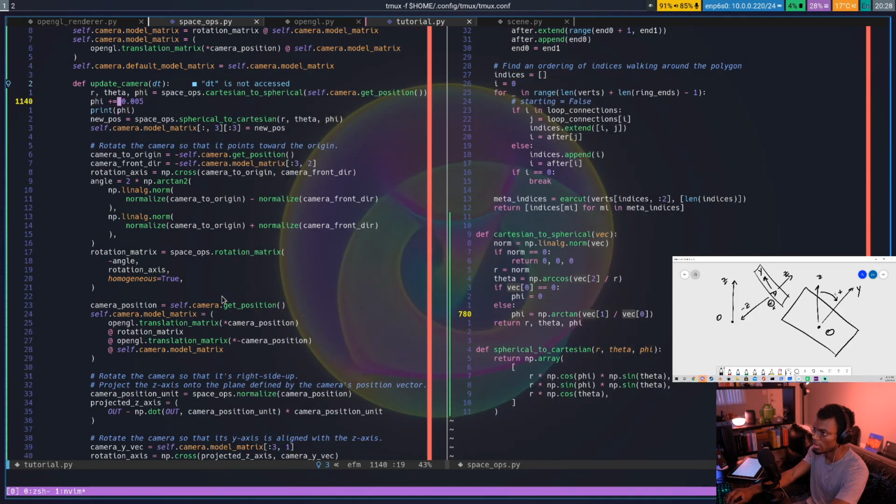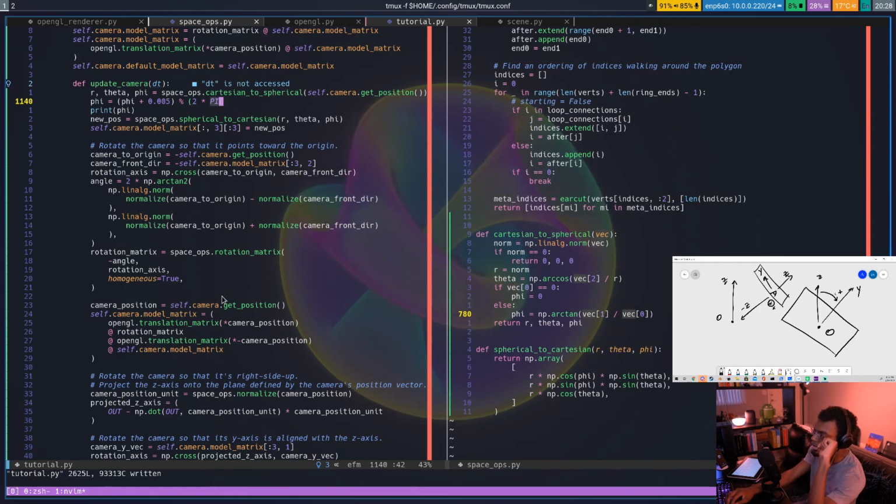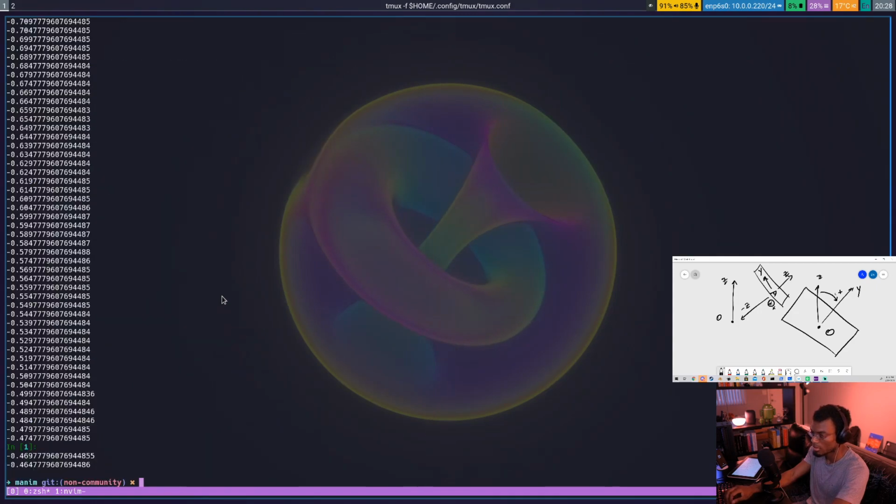So if I just take this, 5 plus this, mod 2 pi? So now it'll always be from 0 to 2 pi. Guess that's worth a try.